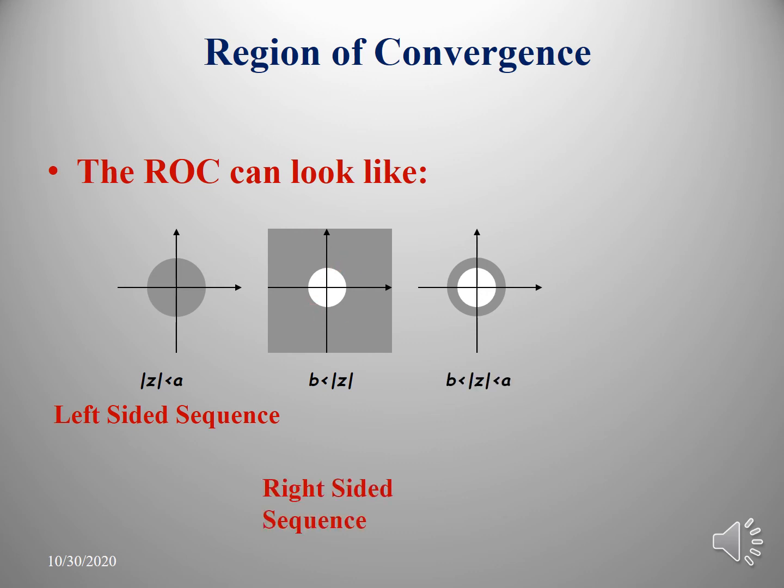Similarly, for a two-sided sequence, which may have B and A chosen such that z lies between B and A, we would see later that the region of convergence now reduces to a strip whose radius lies between B for a right-sided sequence and A for a left-sided sequence. Thereby, this would be B and this would be A.